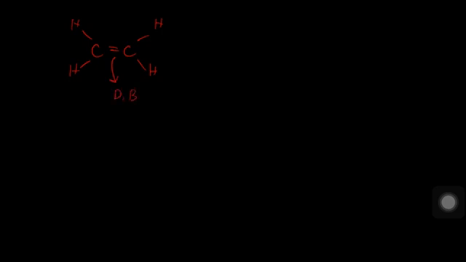If you have some initiator or some radical, it will attack the ethylene, and after that the ethylene will bond with the radical, and then it will generate another radical. Like this.